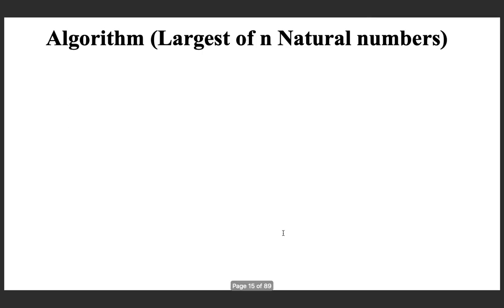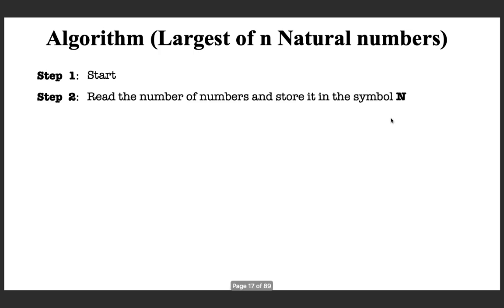Now we can try to write this as an algorithm. The first step is start. After that, we need to read the number of numbers first. So capital N is the number of numbers that you have to read. And if you remember, the initialization that we decided is to initialize max as 0.